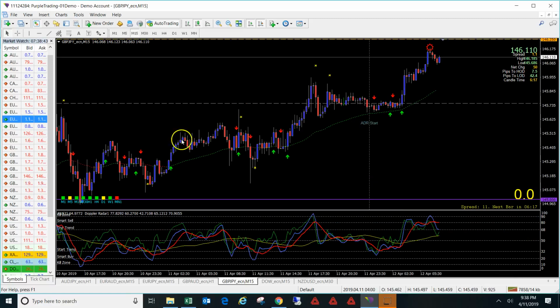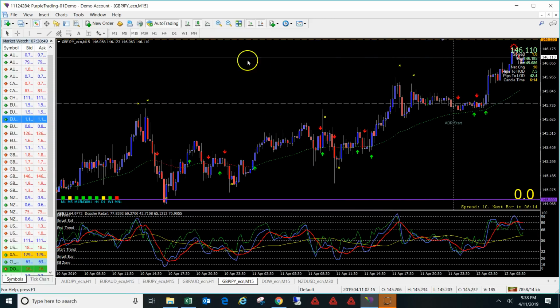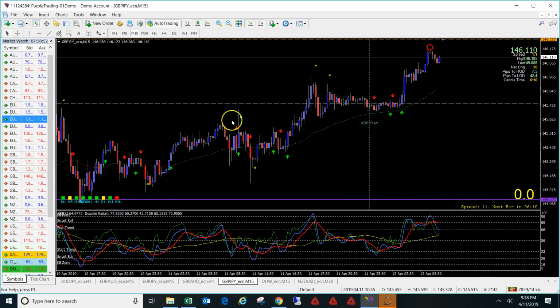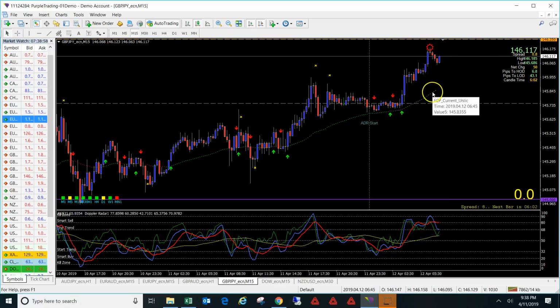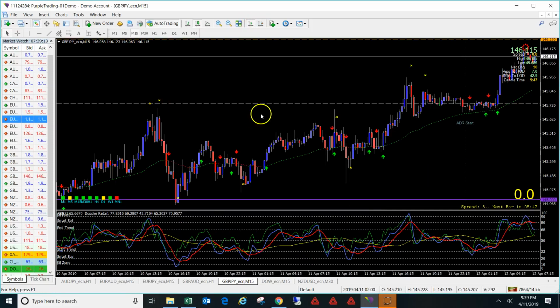But yeah, pretty much that's it. So for those of you that don't like all the moving averages on your chart, you want a cleaner chart, you can just basically use this, because anytime it's trading above this third current, it's going to be bullish, and anytime it's trading below, it's going to be bearish.